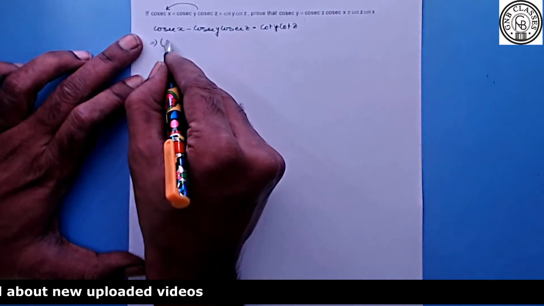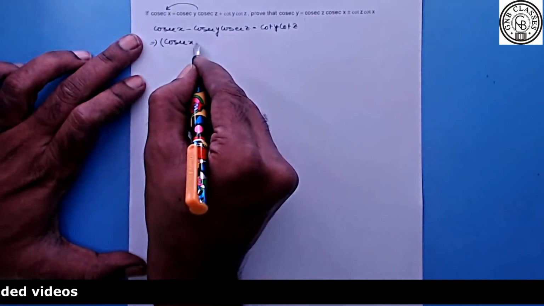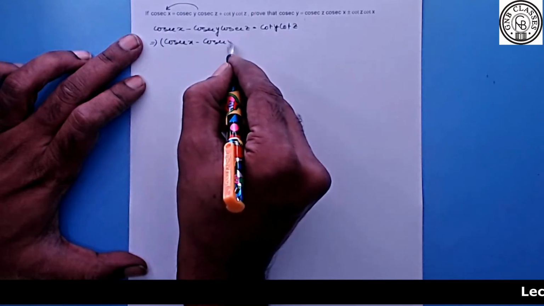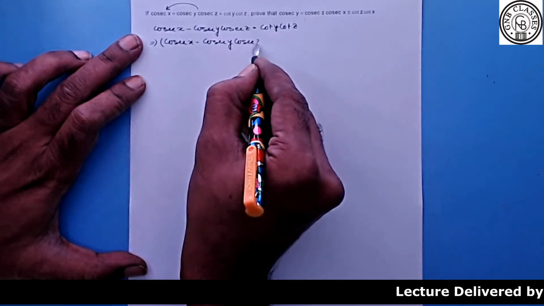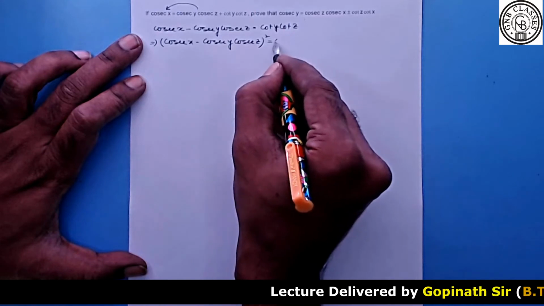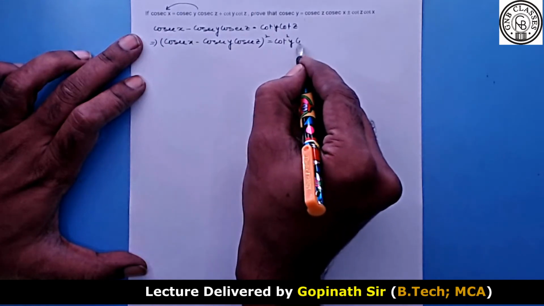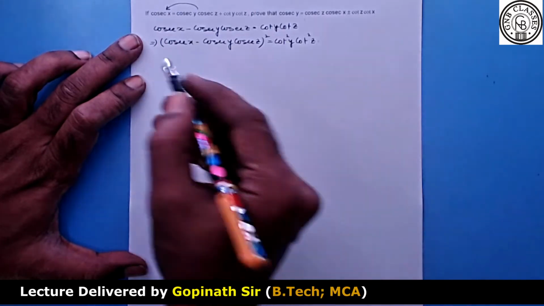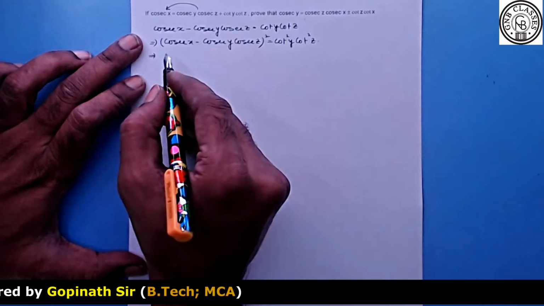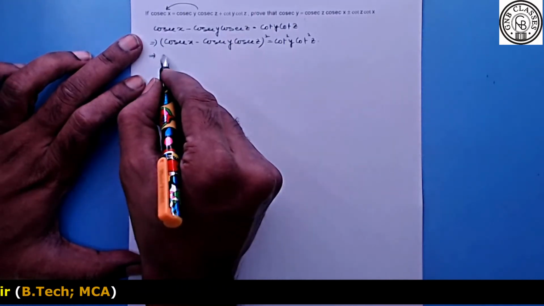So squaring both sides we are having, now let me open the bracket by using the formula a minus b whole square.